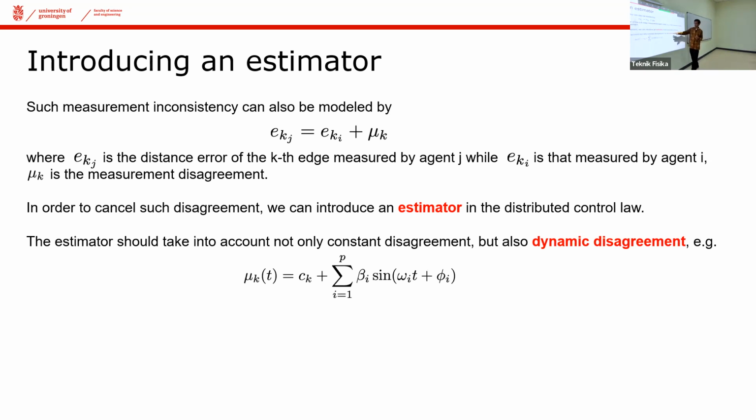And the estimator is not only canceling the mu k that is only a constant bias, it could also be something that has a form containing a sinusoidal signal. You might think, okay, so constant is like what I mentioned earlier, that there is a bias in our sensors. One is measuring 2.5 meters and the other one is using 2.6 meters. But there could be another noise in the sensor that creates this harmonic noise.